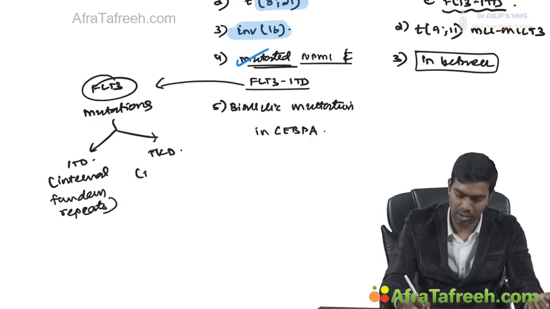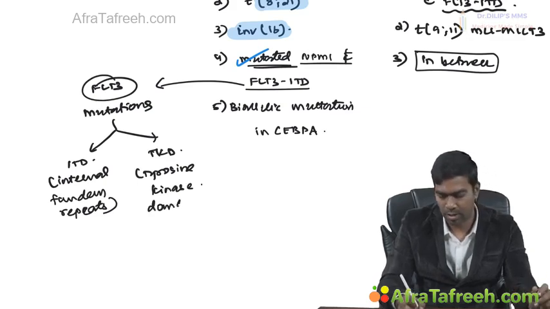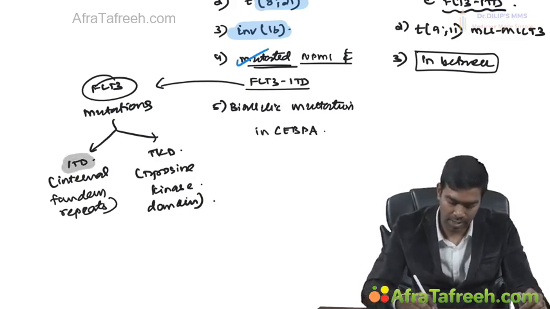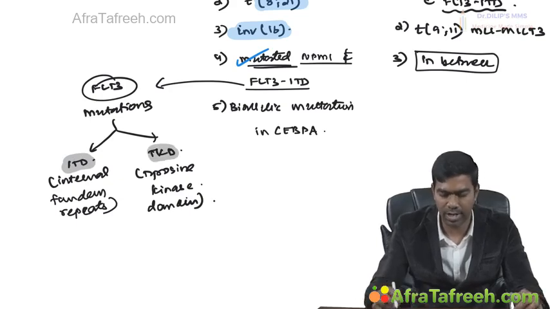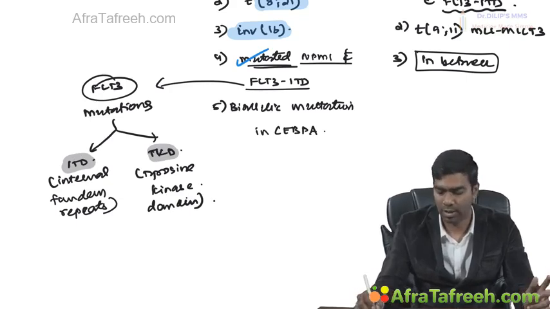This is called tyrosine kinase domain mutation. You have 2 types of mutations of FLT3. One is called ITD mutation and the second one is TKD mutation. ITD means internal tandem repeat mutation and TKD means tyrosine kinase domain mutation.